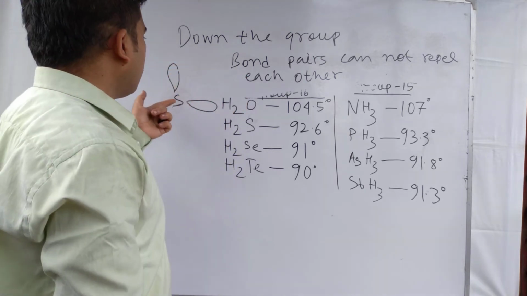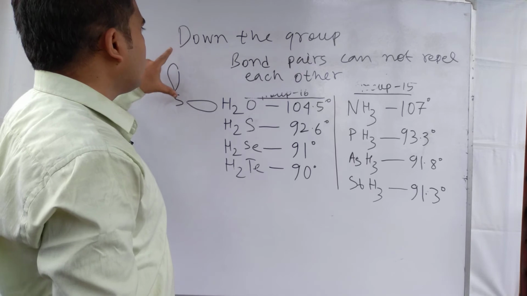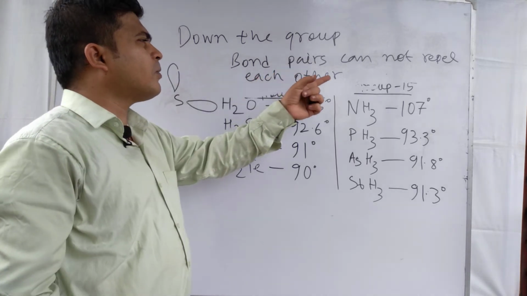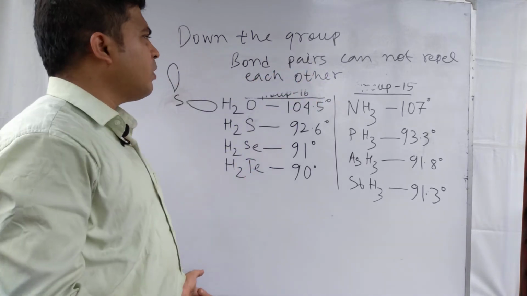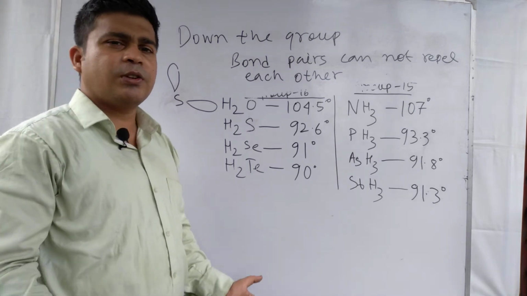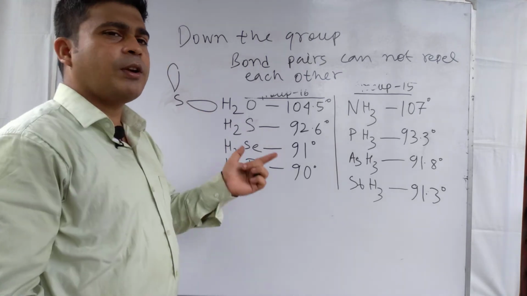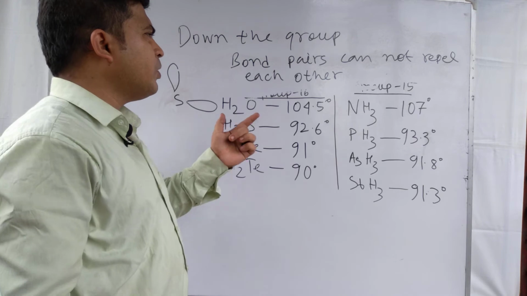Bond pairs keeping a distance from the central atom, so bond pairs cannot repel each other because of the distance between the bond pair and the central atom.